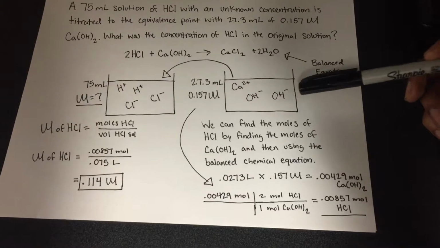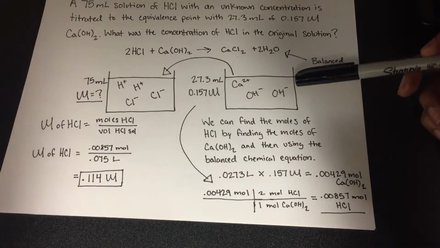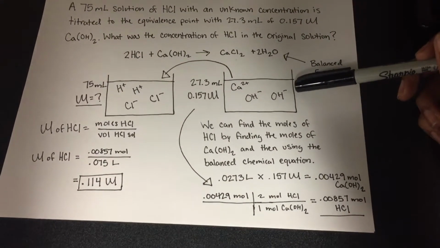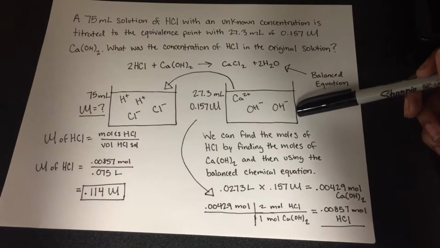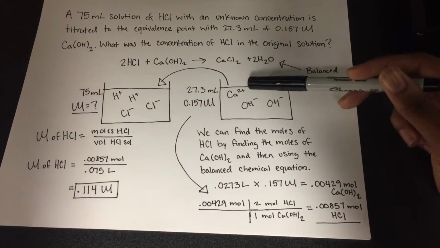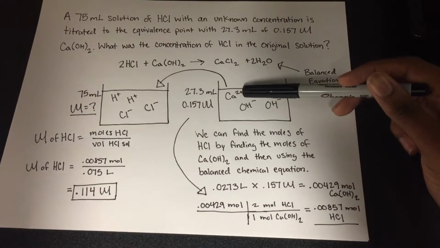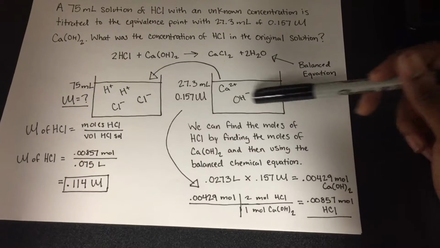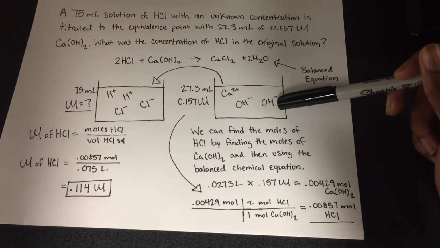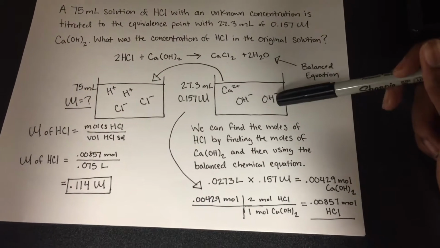Since calcium hydroxide is a strong base, it will completely separate into ions. We have 1 ion of calcium with a +2 charge and 2 ions of hydroxide with a -1 charge.